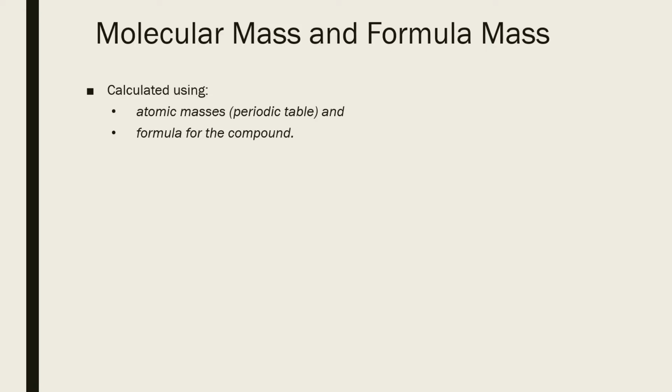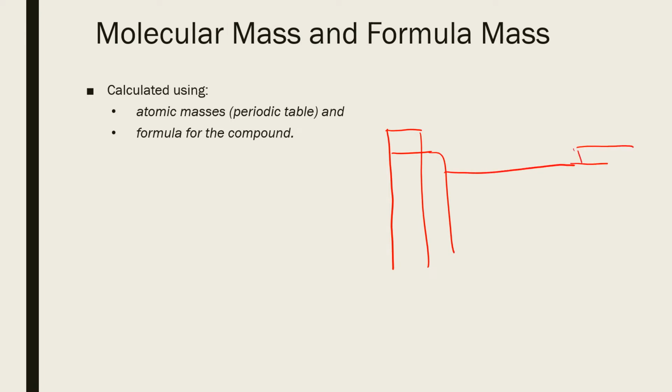In chapter number 2, we learned about the atomic mass. Atomic mass values appear in a periodic table. For example, the hydrogen atom, which is present here, has atomic number 1 and its atomic mass is given right underneath.